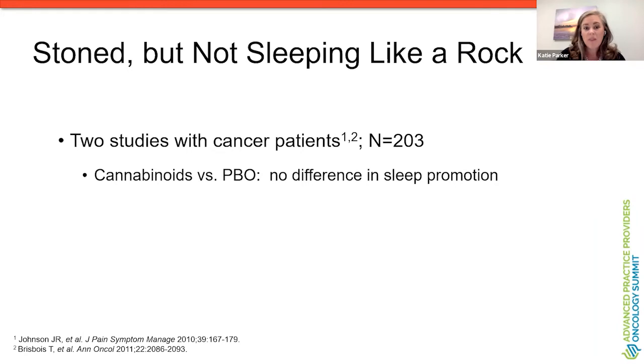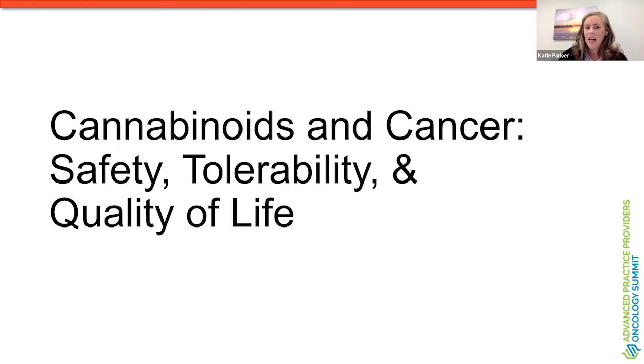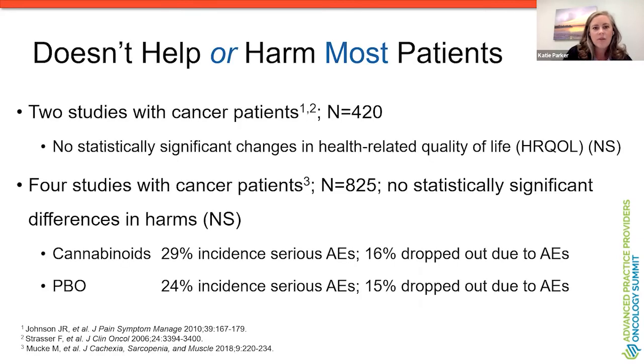So does it help people sleep better? Nope. The cannabinoids did not show any improvement or difference compared with the placebo. So this gets back to that question we were just talking about. In general, it doesn't really help many people, as we've shown. And for the most part, it doesn't harm people.